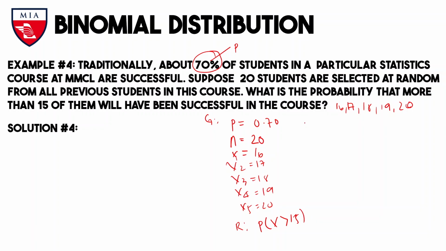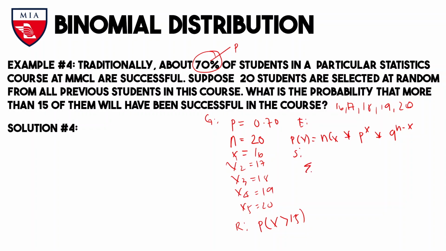So for the equation, just write the formula. We have probability of x is equal to nCx multiplied by p raised to x multiplied by q raised to n minus x.